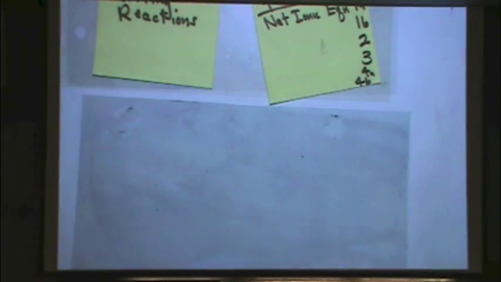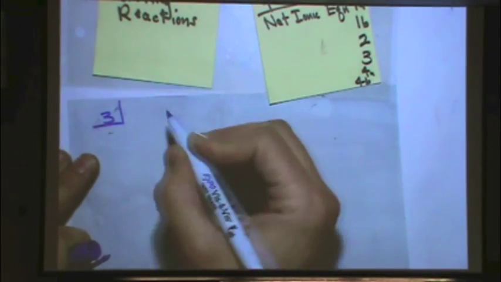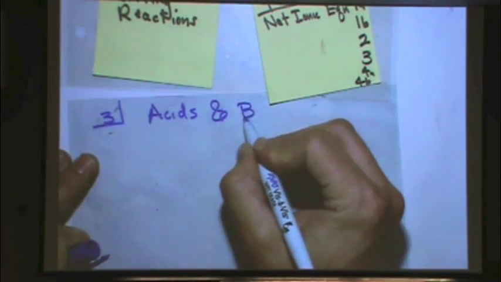This is section 3, which is page 162 of the textbook, and the reader's bottom page 34. Section 3. This is about acids and bases, which is what we're wondering about.